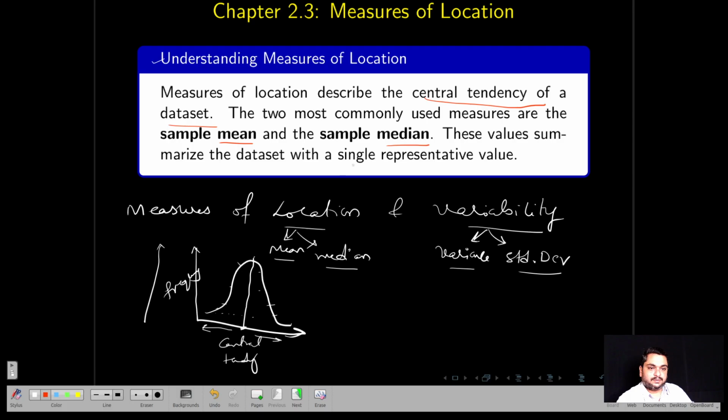These values summarize the data set with a single representative value. So all four of these that you are learning are used to characterize your data set. Based on these values you infer some results about the data that you have got.